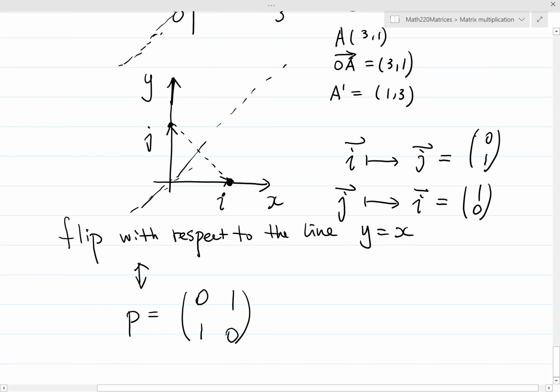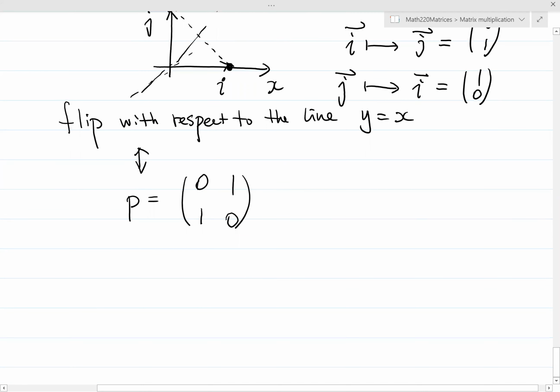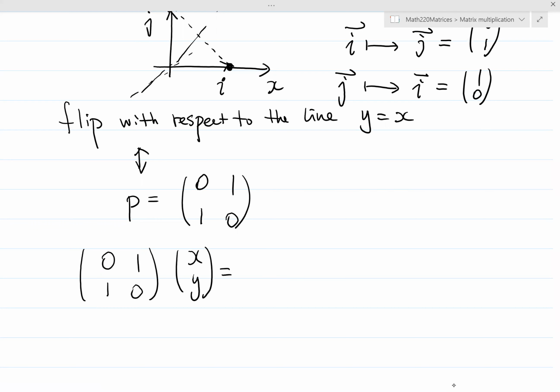So this flips X with Y. So you get 0, 1, 1, 0 times XY. You can use the row picture or the column picture. Now you write XY as XI plus YJ.